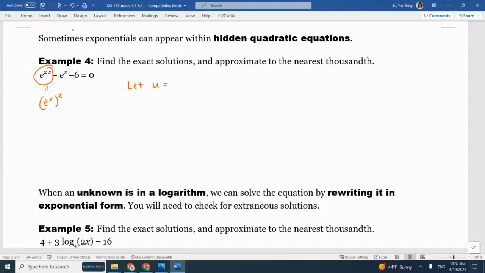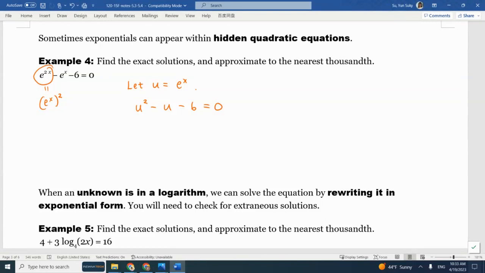So you let u be e to the x. And then when you plug in, you get u squared minus u minus 6 equals 0. Is that okay, everybody?